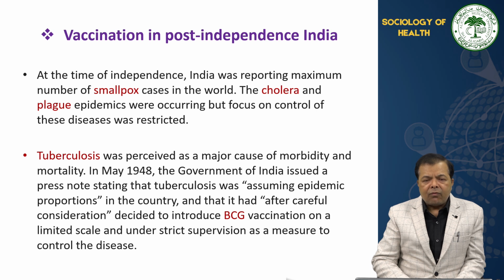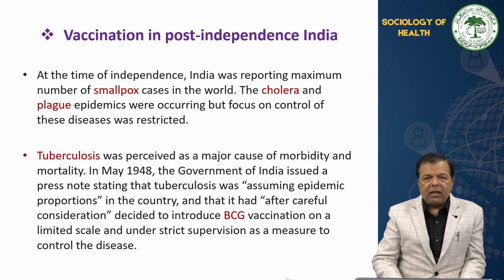In May 1948, the government of India issued a press note stating that tuberculosis was assuming epidemic proportions in the country and that it had, after careful consideration, decided to introduce BCG vaccination on a limited scale and under strict supervision as a measure to control the disease.